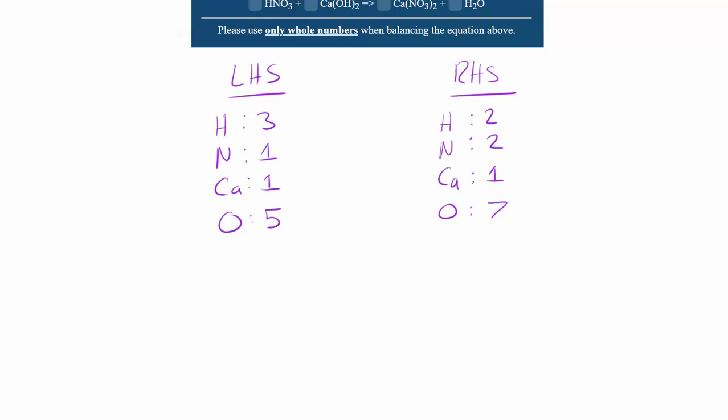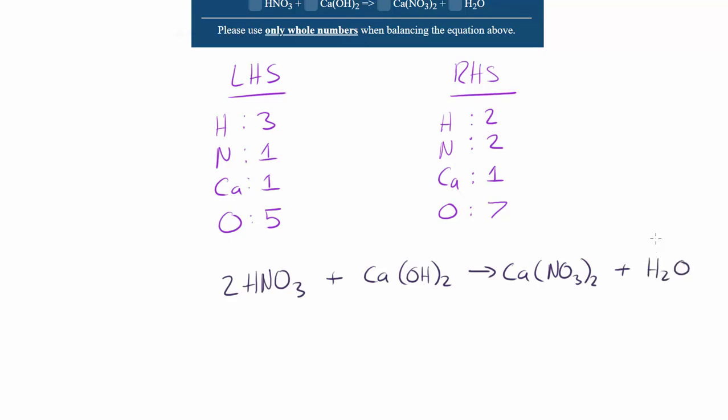So if we write out the equation now, after that, and then do an audit, that's effectively going to be 2 HNO₃ plus CaOH2, and that produces CaNO₃ 2 plus H2O, okay?